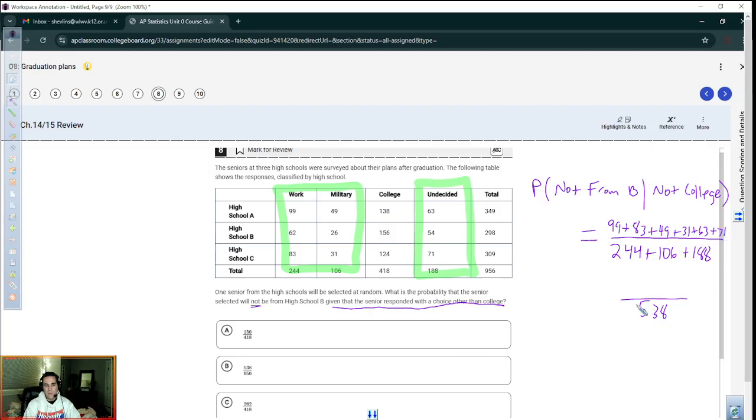You add those all up, that should be the top number. Make sure I type this right. Add them. I get 396 on top.